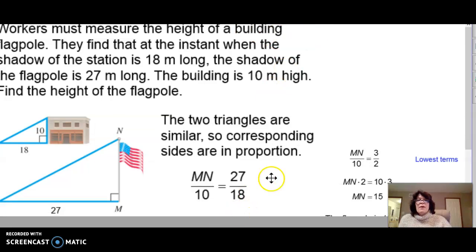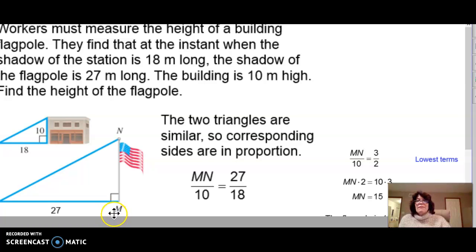To solve word problems, workers must measure the height of a flagpole. Instead, they use shadows. They find that at the instant when the shadow of the building is 18 meters long, the shadow of the flagpole is 27 meters long. The building is 10 meters high. So we're making a little similar triangle here.